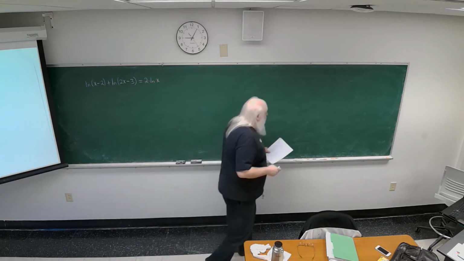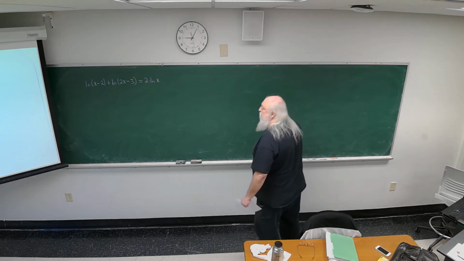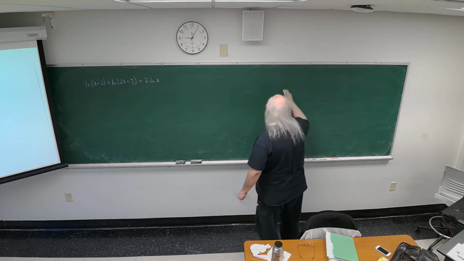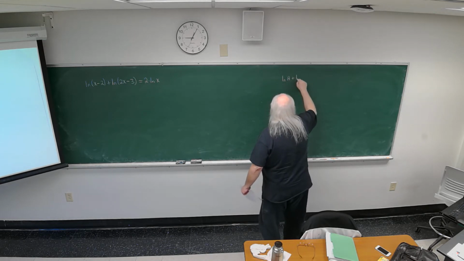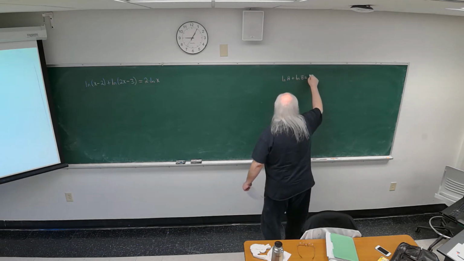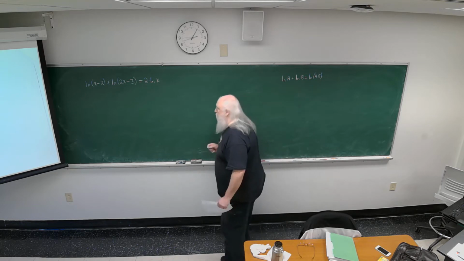Now, on the left-hand side, we can condense that using the product rule of logarithms. Remember, the natural log of A plus the natural log of B is equal to the natural log of A times B. Okay? Let's call it the product rule.